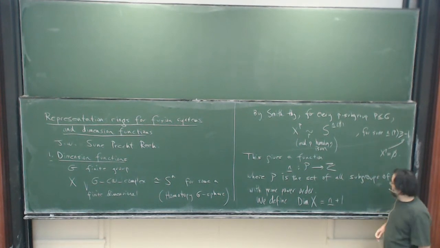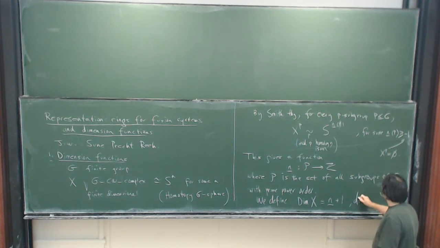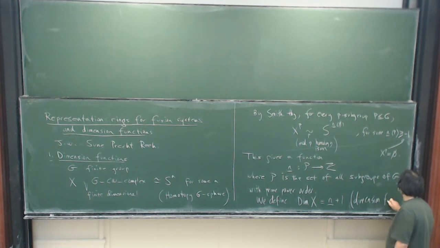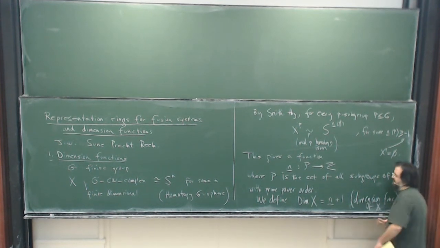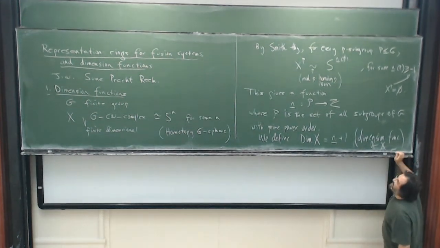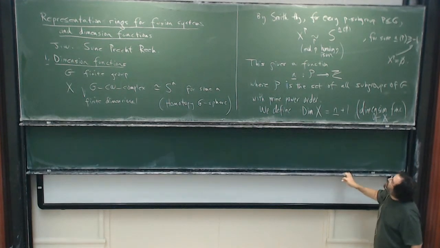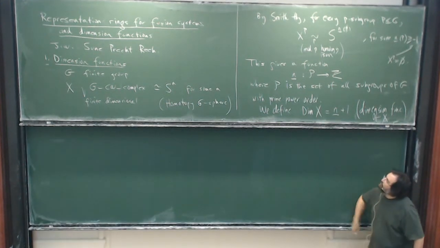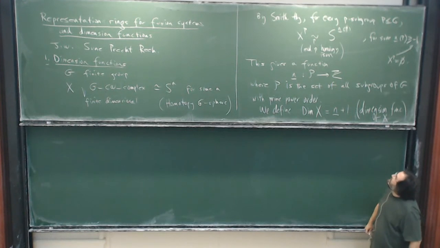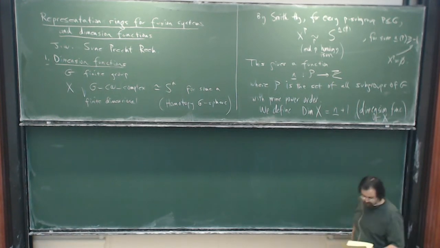We lift everything by 1 so that it's bigger or equal to 0. So now that's nonnegative, and we call this the dimension function of X. Adding 1 also helps give an additive structure with the join: with the join of two homotopy spheres, their dimension functions are added up.